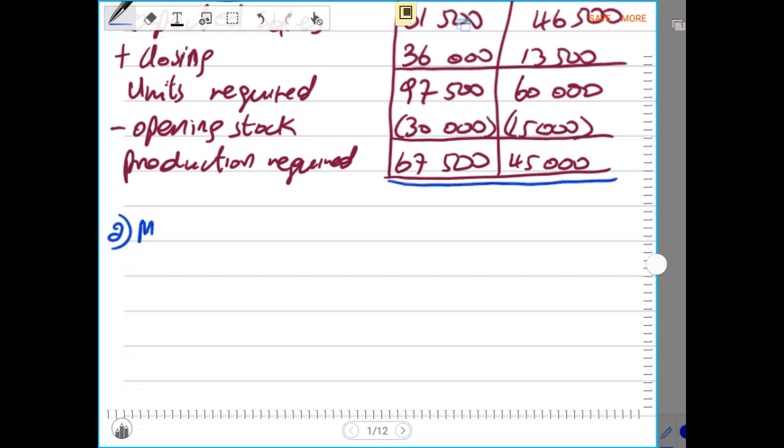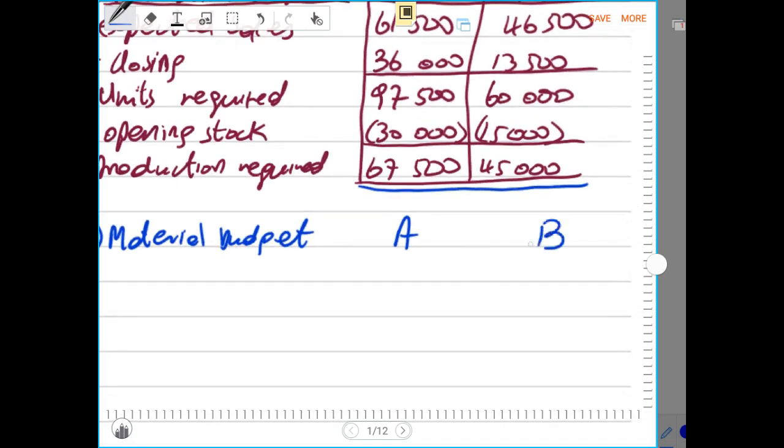So now this is the material purchases budget, or material budget. Just because of space, I write material A on this side and material B on this side, and on top I just say material.